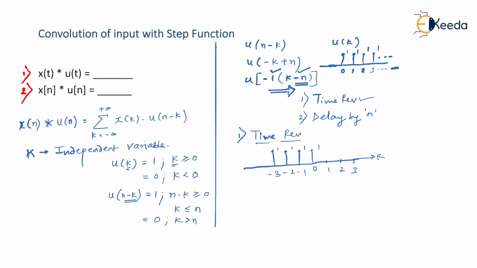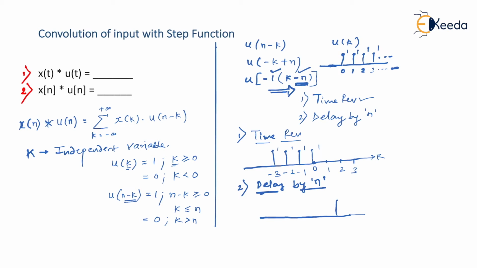Whenever we want to perform a subtraction with n, we do exactly the reverse, that is addition. So in the second step I apply a delay by n. Now you can imagine the sample which is present at 0 gets added with n. We don't know the value of n, but hypothetically I assume that n is greater than 0.